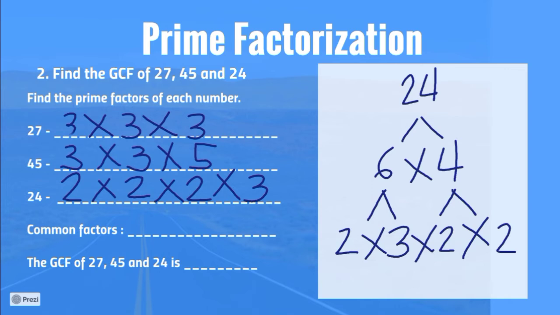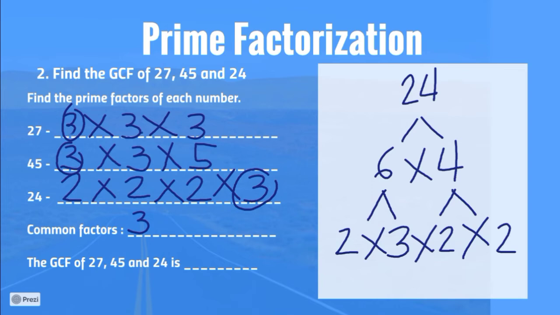So, merong isang 3 sa 45 at isang 3 sa 24. So, 3, 3, 3. So, isang count ng 3 dahil lang yun ang common sa tatlong factors o sa tatlong given. Meron pa ba na magkapareho?